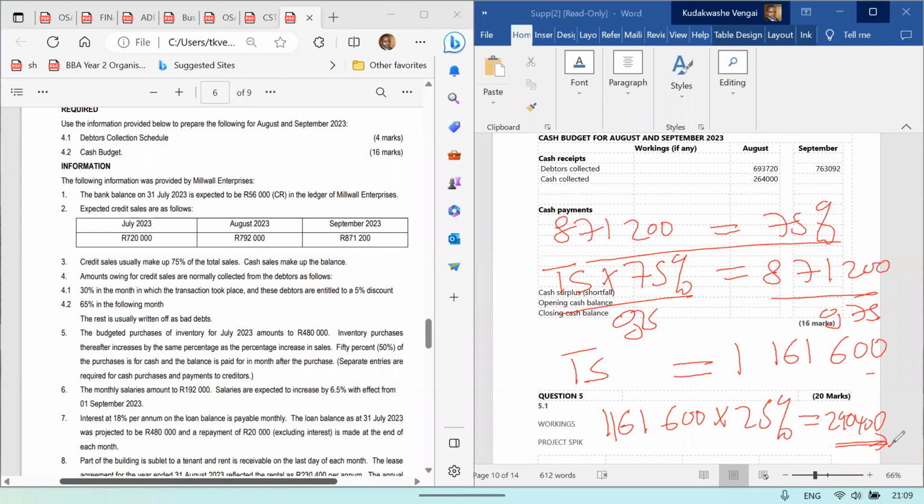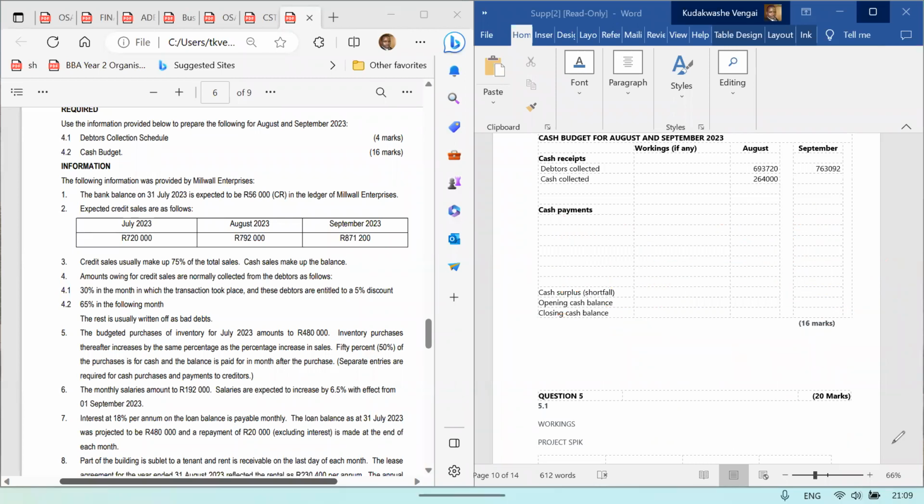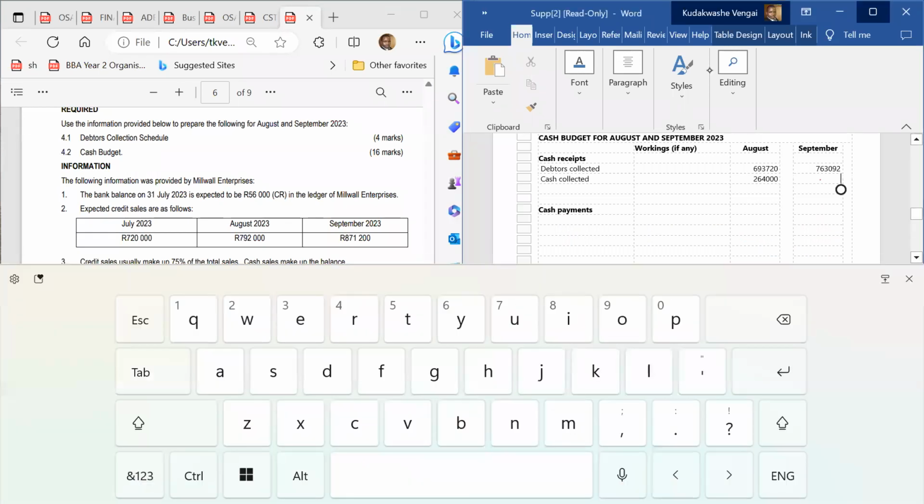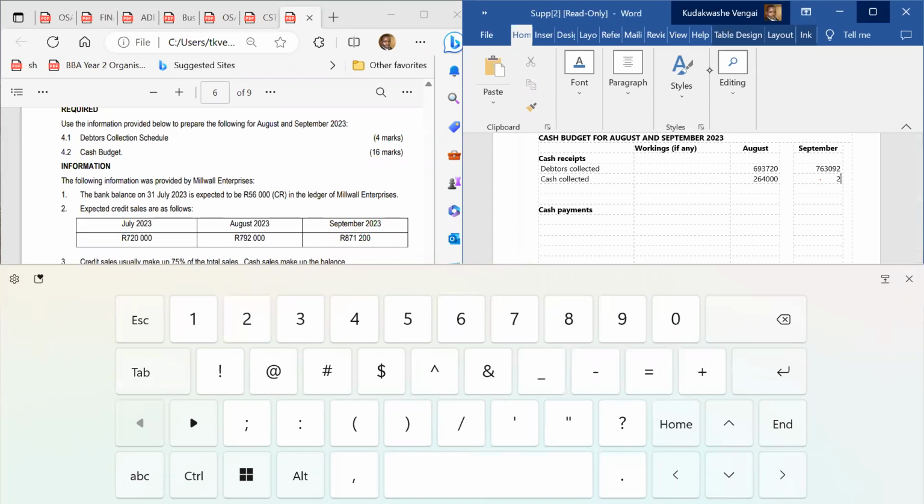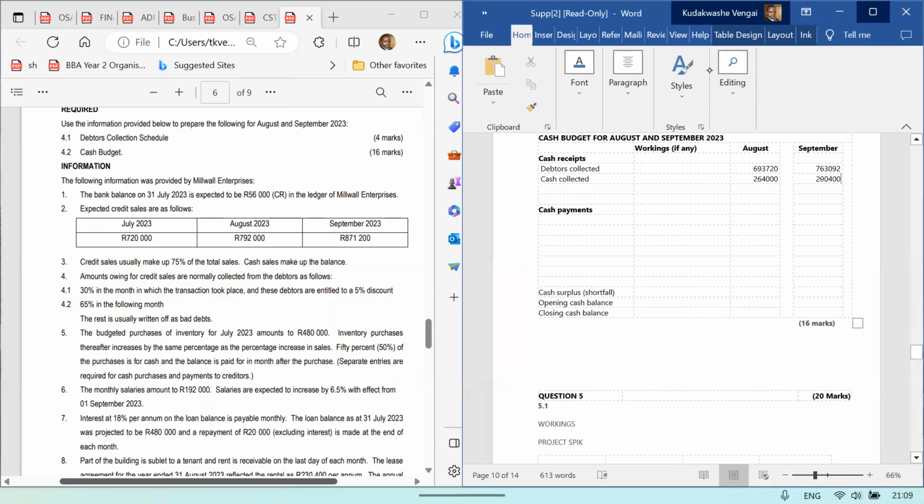Are we together? Yes. Okay. So sales for September, 290,400.